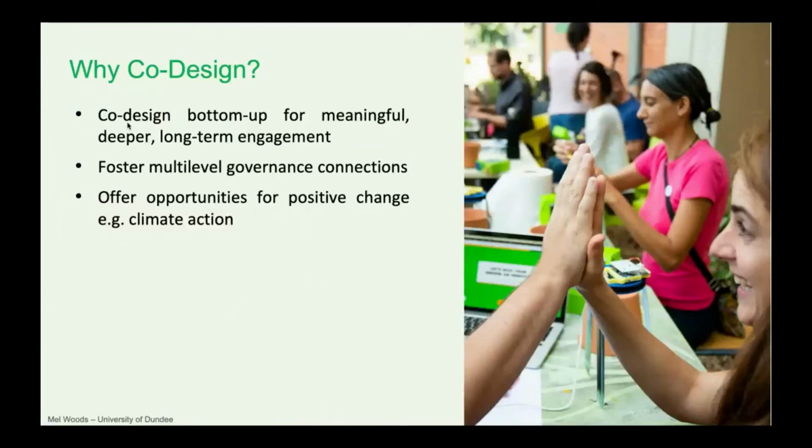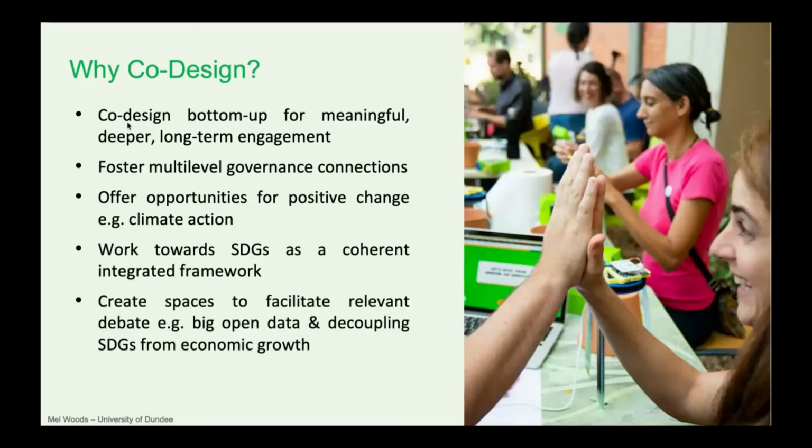It offers opportunity to make positive change, and we can design towards change in order to identify the changes that communities might want to make, as well as those that citizens and scientists want to work on together, and then to work towards the SDGs as a coherent, integrated framework.